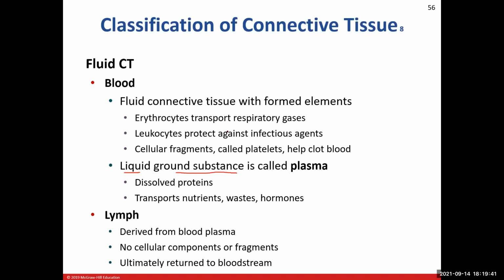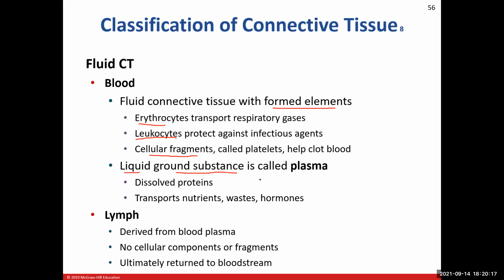And then when we're talking about the formed elements of the blood, we're just referring to the cells. So that's going to be the erythrocytes, your red blood cells, your leukocytes, your white blood cells, and then our platelets or cellular fragments. So we know that the erythrocytes are going to transport carbon dioxide and oxygen. Where the leukocytes, those are our immune system functioning cells, right? And so they'll help us combat certain pathogens and infectious agents. And then the platelets will help us to clot blood.